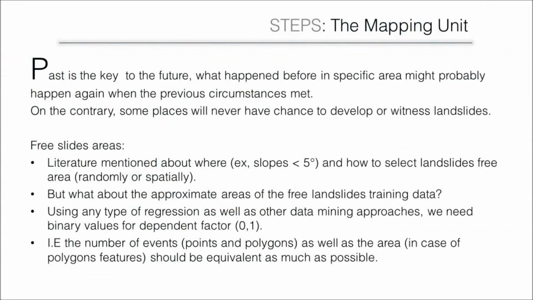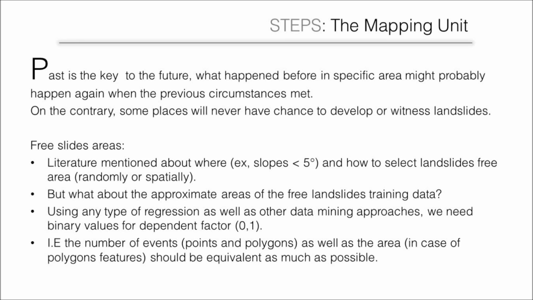So based on the literature, we all know that the past is the key to the future. So what happened before in any specific area might probably happen again when the previous circumstances are met. So this is the basic understanding for whatever happens when we are using susceptibility mapping.